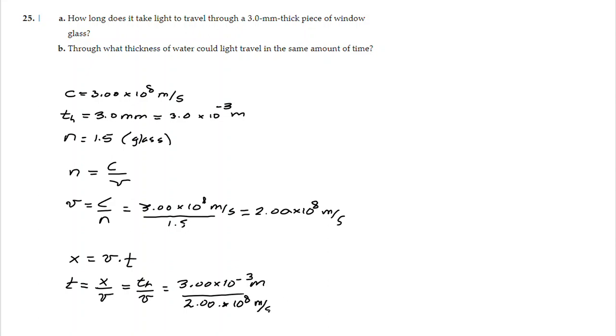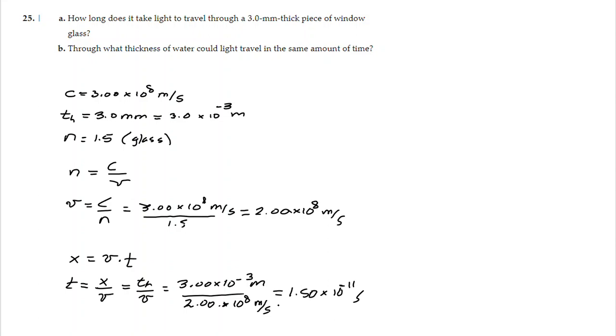Now we divide, and of course the unit of time will be seconds, and we get 1.50 times 10 to the negative 11 seconds. So the time it takes light to travel through a 3 millimeters thick piece of window glass is just 1.5 times 10 to the negative 11 seconds.